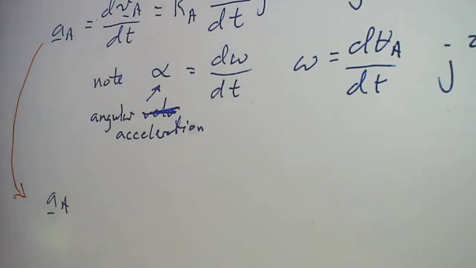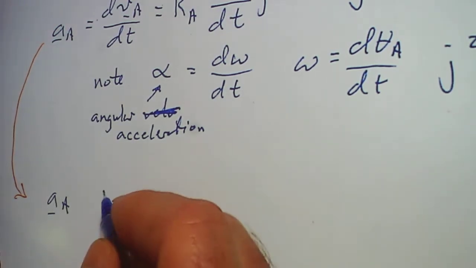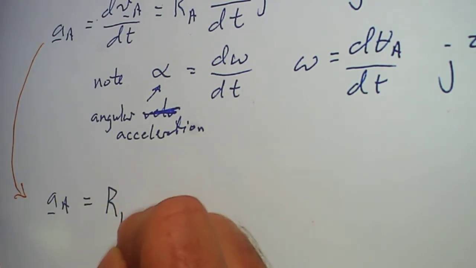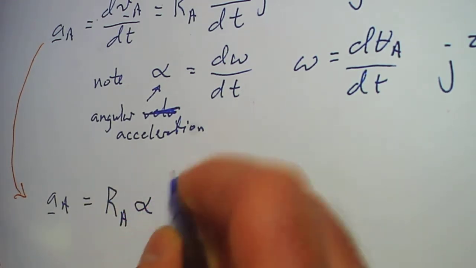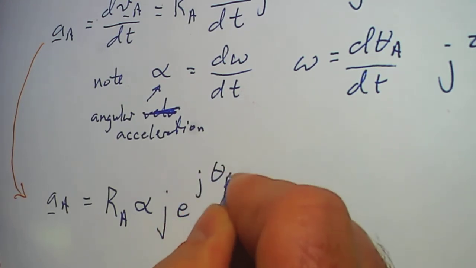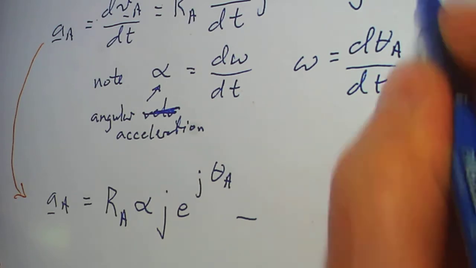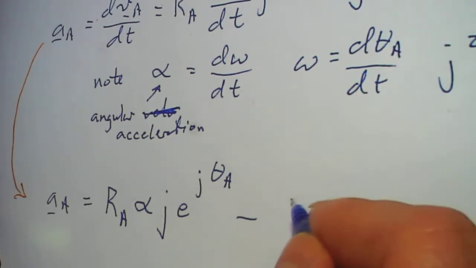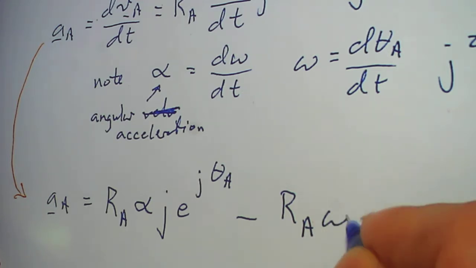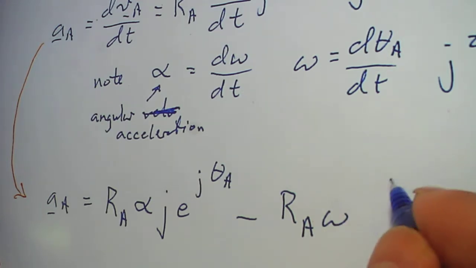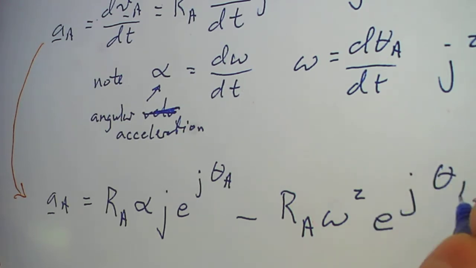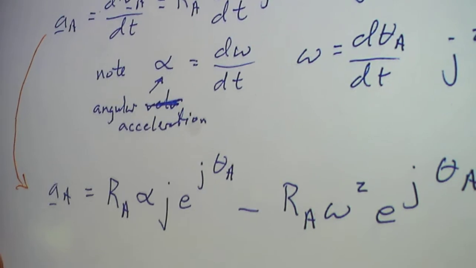If I take that, I can write that as RA alpha j e to the j theta A minus, because I got the j squared here, minus RA omega squared e to the j theta A. Okay?